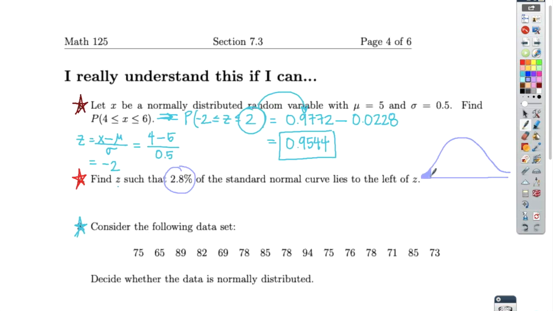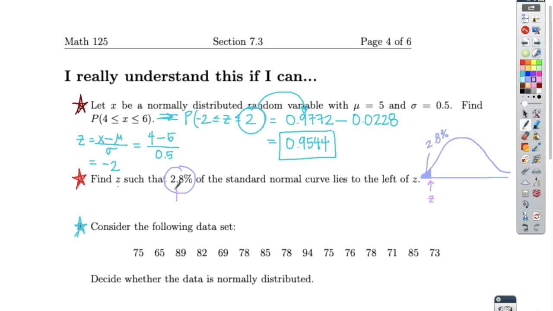I want this to be 2.8% of the curve. And specifically what we're asking for is this z value with a left area of 2.8%. Well, a couple of challenges here. First of all, 2.8% is not in decimal form.